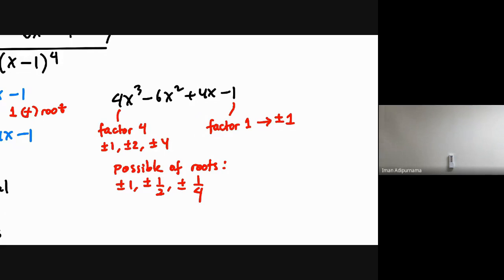This is our possibility of roots. And because we already concluded there will be no negative root, we can check positive 1. So we can check three numbers: 1, a half, and 1 over 4, the positive ones.